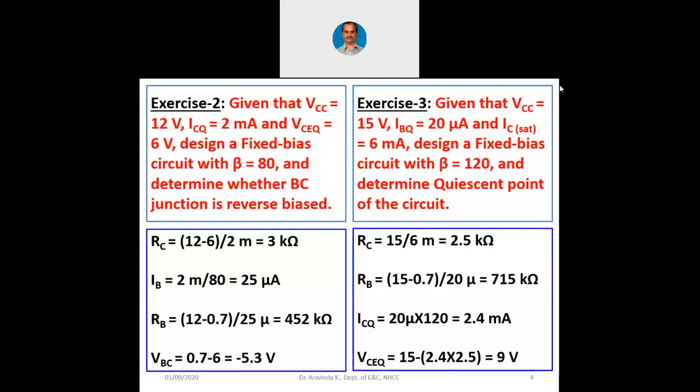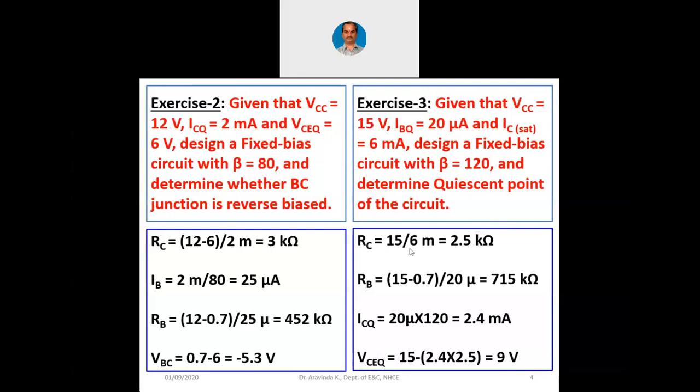So in any transistor biasing, we will never be using saturation current for the purpose of finding out the Q point. That saturation current can be used only for plotting the load line. So here VCEQ is 9 volts, with a supply voltage of 15 volts.